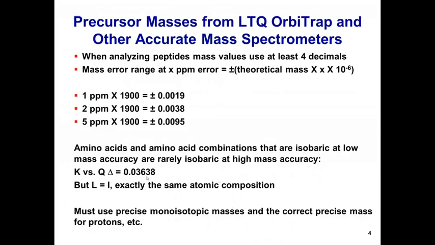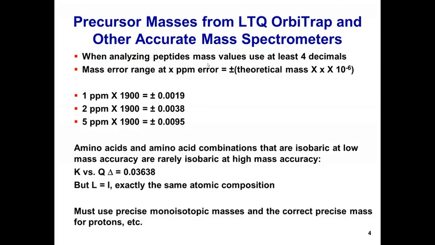Mass errors are typically reported as parts per million and can be calculated as indicated here. As illustrated, if we're in the low parts per million range, as is often the case for modern ESI-MS measurements, this means the third and fourth decimal for a peptide of approximately 2,000 Daltons is significant, and therefore we will typically work with high mass accuracy data where at least 4 decimals are reported for peptides.